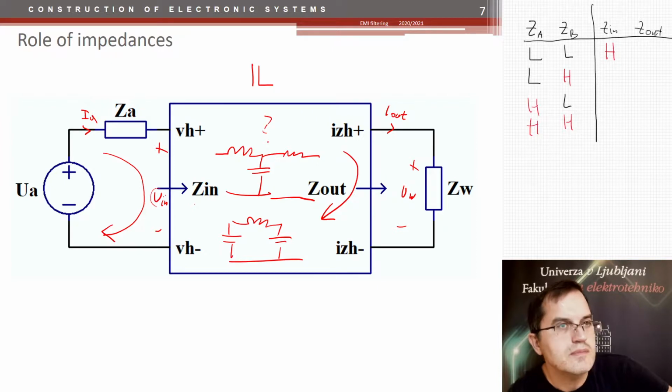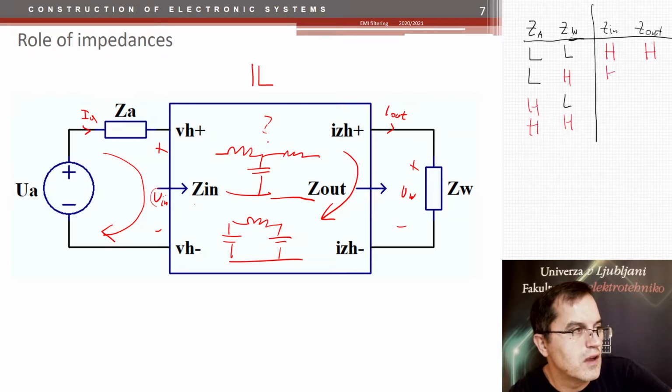And then on the other side, if we have a very low victim impedance, so I will name that victim, sorry for that. If we have very low victim impedance, we have to have very high output impedance of this filter back again to minimize the current. So high here. And therefore continuing high, low, low, high, and of course at the other side low, low.